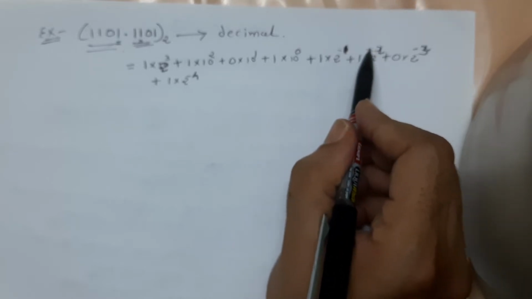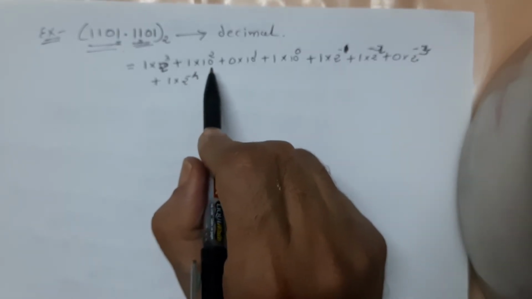So this is minus 1, minus 2, minus 3 and minus 4, like this, right?